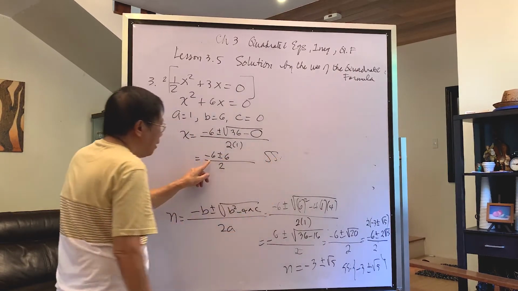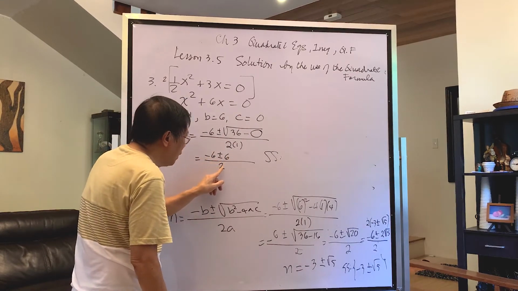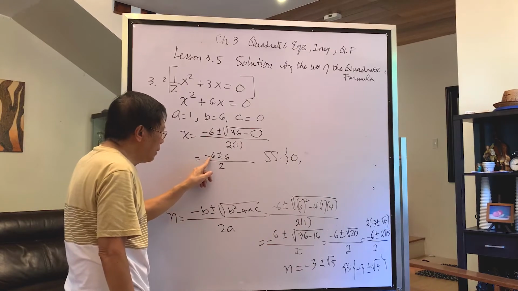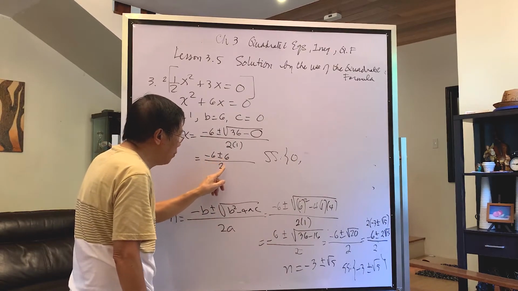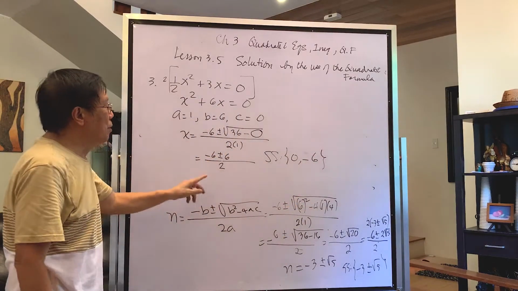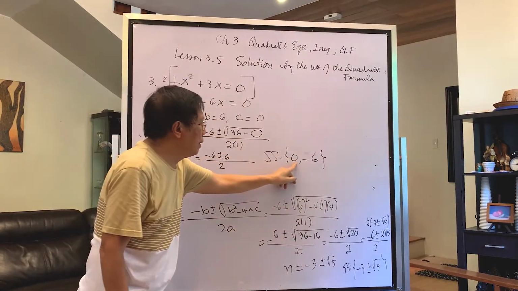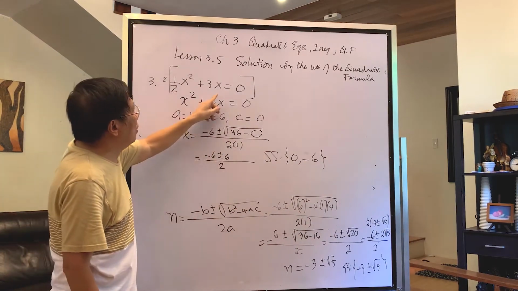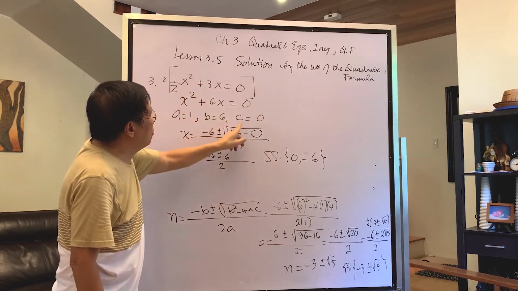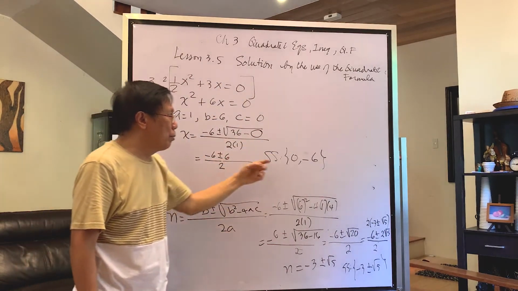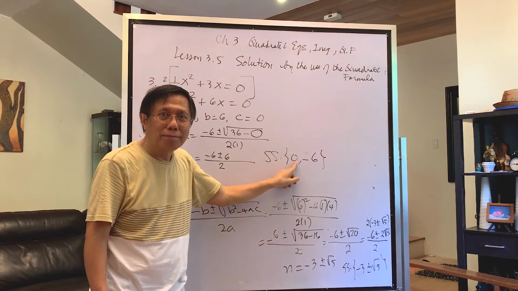Simplifying that, minus 6 plus 6 is 0 divided by 2 is 0. And minus 6 minus 6 is negative 12 divided by 2 is negative 6. So the solution to this equation will be 0 and negative 6. Remember that we said before that for as long as the value of C in the equation is 0, one of the roots will always be 0.